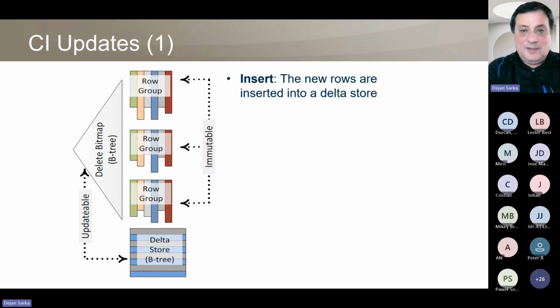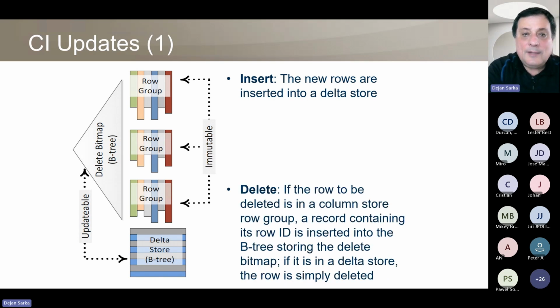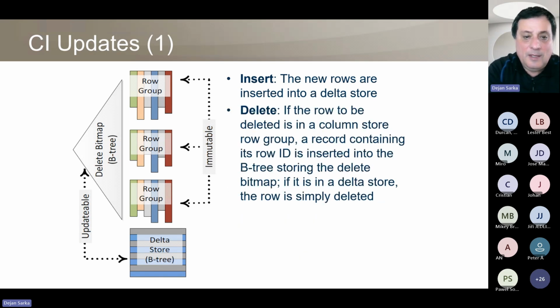When you insert the data, the new rows are inserted into a data store, which is a row store. And when you delete data, if this data is in some row store, data store, then it's really deleted. If it's in columnar storage, then it's just marked with a flag, and then select simply skips these rows.